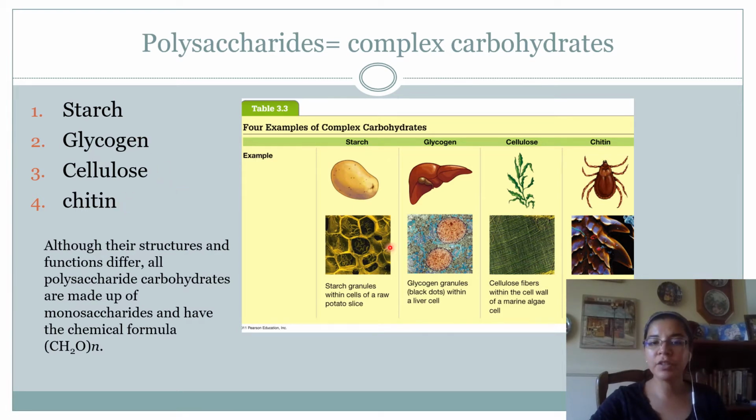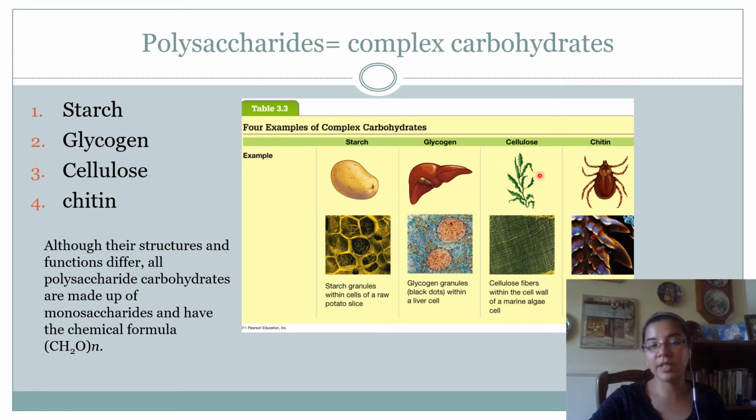Starch is the stored form of energy for plants. Glycogen is the stored form of energy for mammals like ourselves. So these are complex sugars, and they act as a source of energy for the organism, whether it's a plant or us.